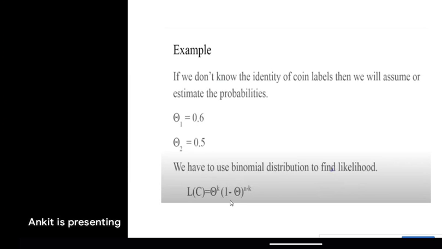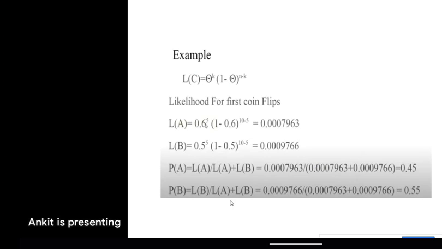So by using this formula, we have to calculate the likelihood for the first flip. LA means the likelihood for point A and LB is the likelihood for point B. The number of heads, as you know from the previous data, for point A is 5 and the total number of flips is 10.